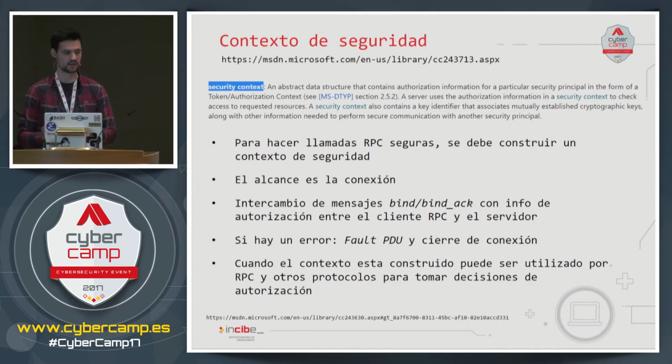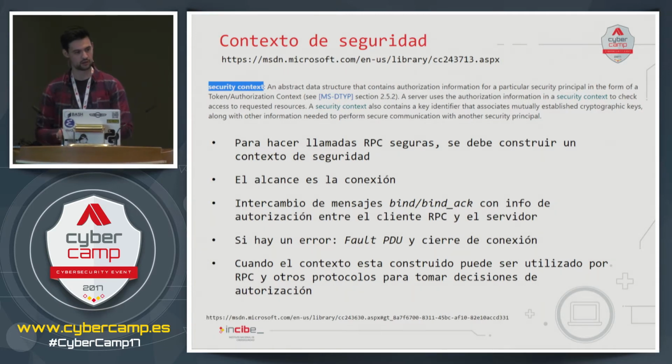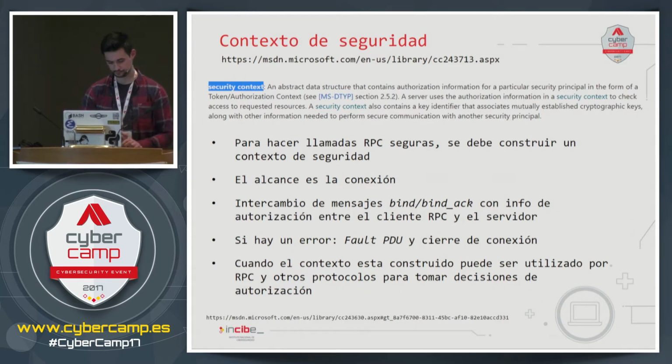You send the server a bind packet, and then the server sends you back a bind ACK with the authorization. We'll see that later on. You get the bind ACK back. If there's a mistake, if this isn't consistent, if there's a fault, it'll send you back a fault PDU.